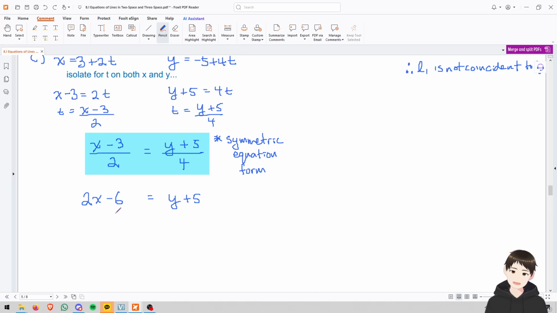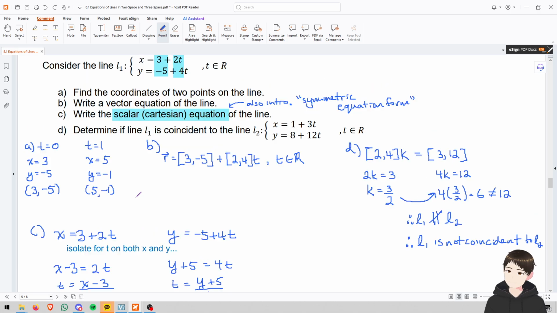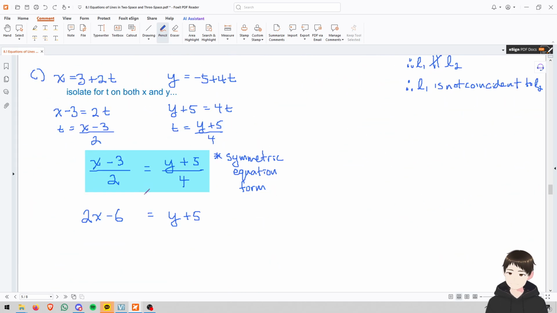Next, I'm going to bring all of this to one side. We've got 2x minus 6. One second. Is it easier? Is it more confusing if I... Right. You know what? Let's not do that because I want to make a point of this.